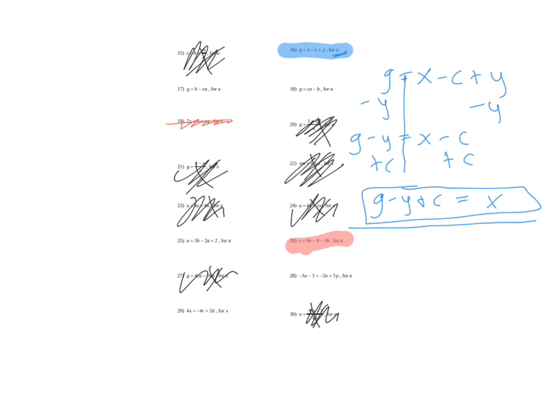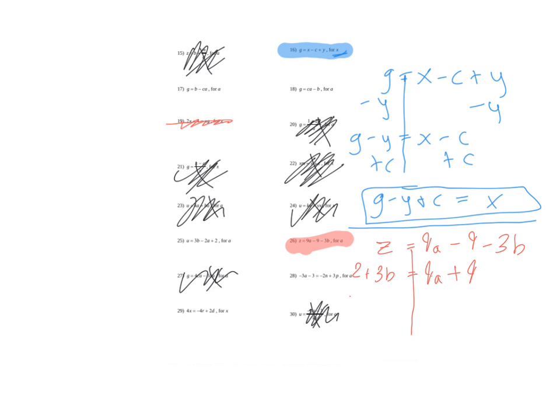All right. Number 26. Here we go. So we get z equals 9a minus 9 minus 3b. What are we going to do here? Well, we're looking to get a by itself. So what I'm going to do is add that 3b, z plus 3b, and that's going to equal 9a minus 9. Now what I'm going to do is add that 9.